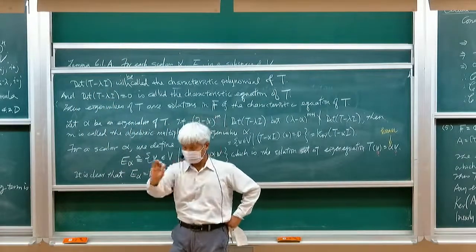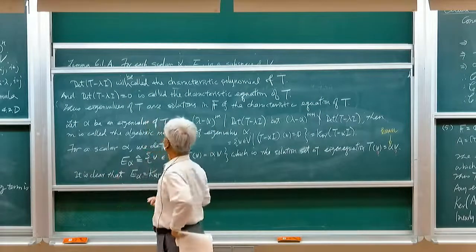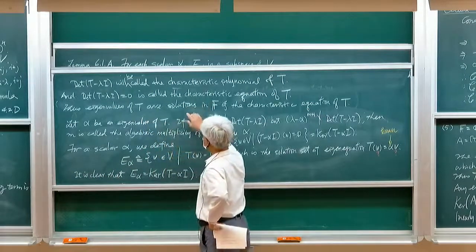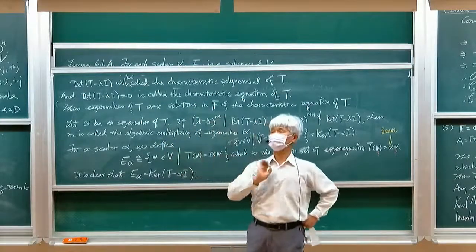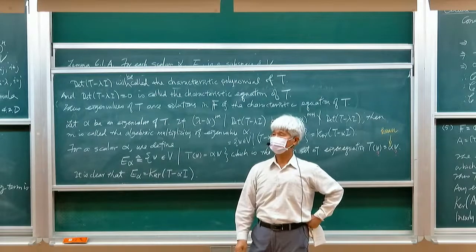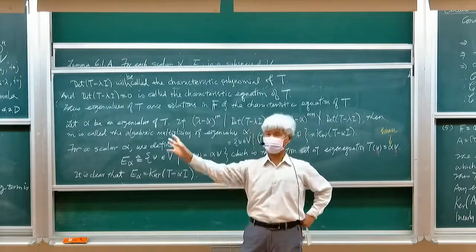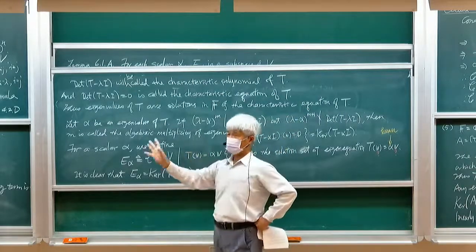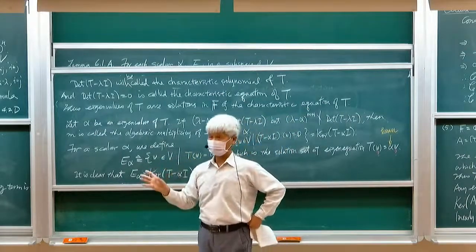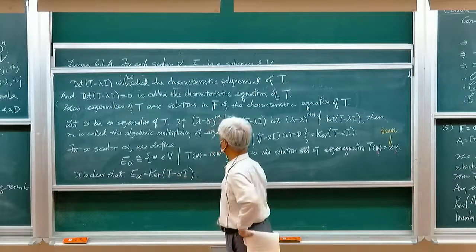Once you factorize it, then you know the algebraic multiplicity for every eigenvalue. So this is purely algebraic because you just factorize them. It is not related to the diagonalization of a linear operator anyway.